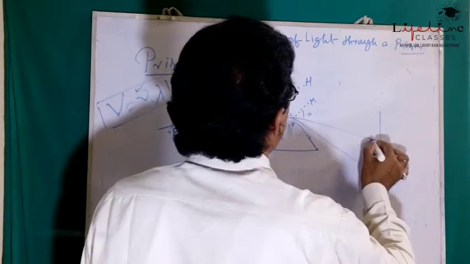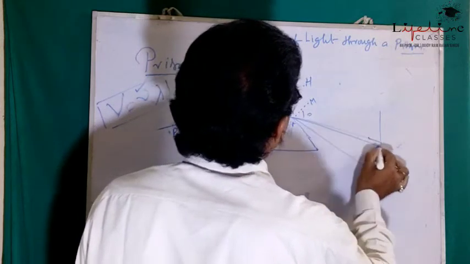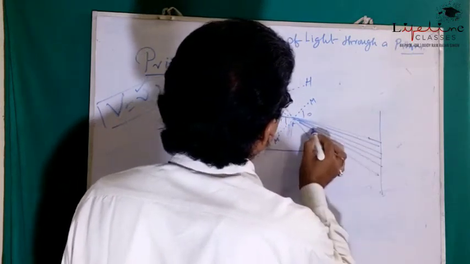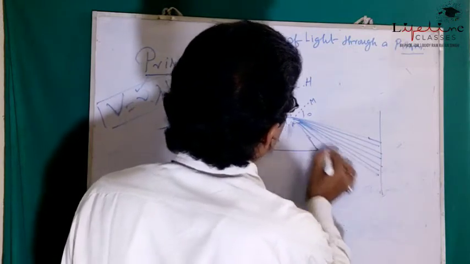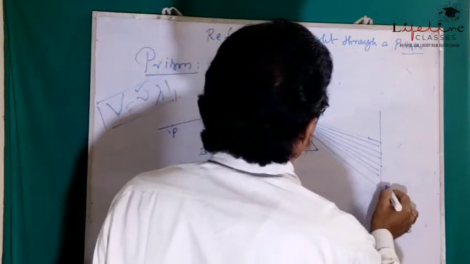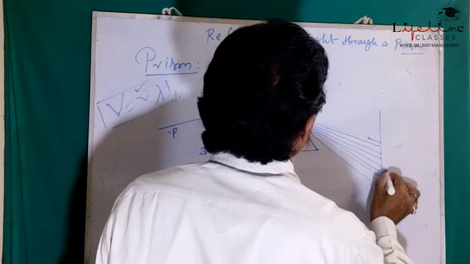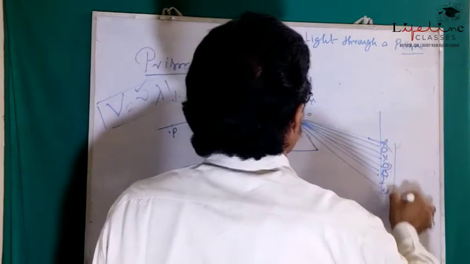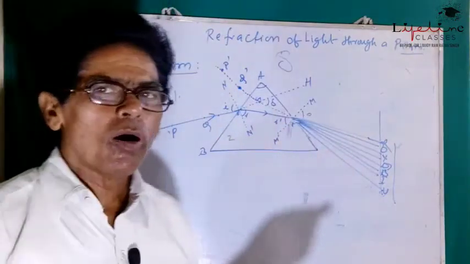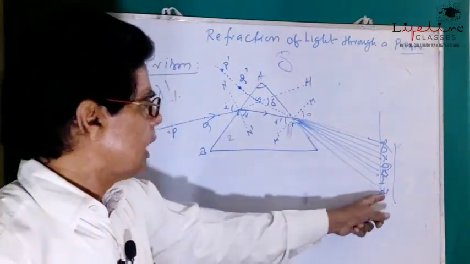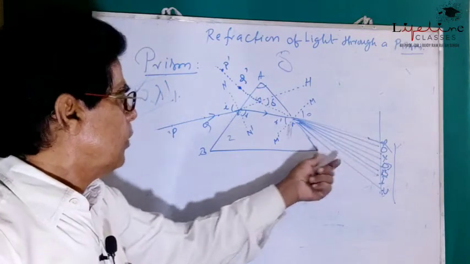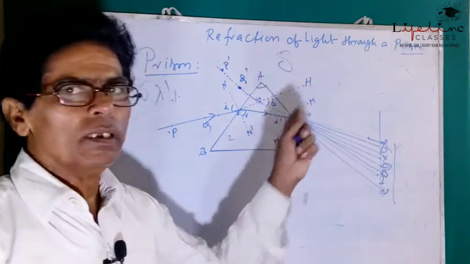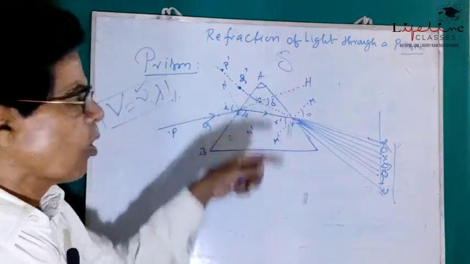This is a band of light, 7 component colors: V, I, B, G, Y, O, R. The 7 component colors are VIBGYOR, meaning violet, indigo, blue, green, yellow, orange and red. This is called dispersion of light.